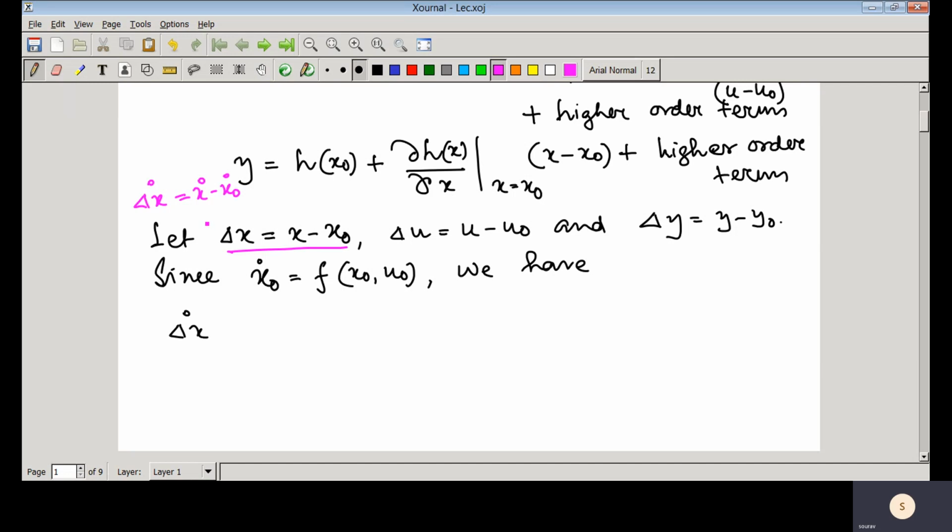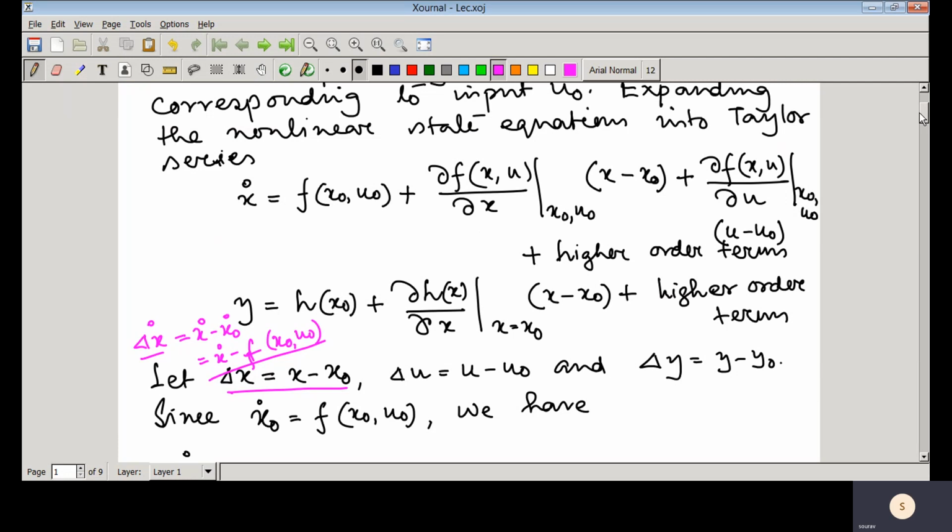Now x0 dot is equal to f(x0,u0). So delta x dot equals x dot minus f(x0,u0).